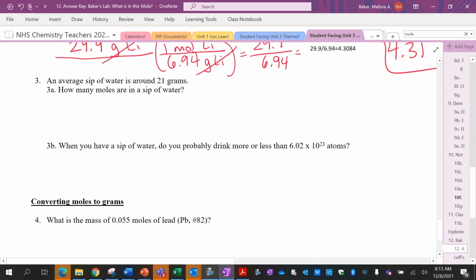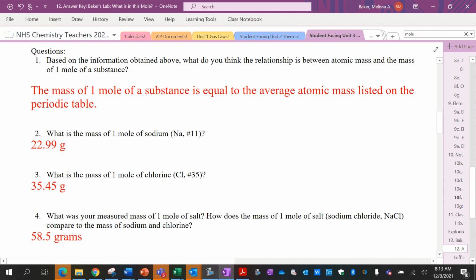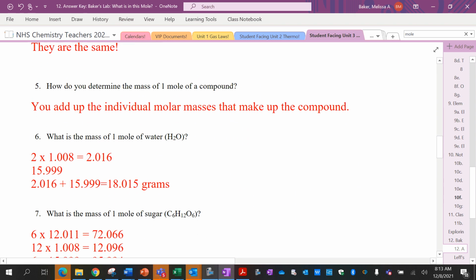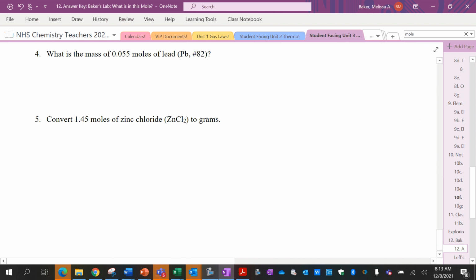An average sip of water is around 21 grams. How many moles are in that sip? Well, earlier today, we already did how much 1 mole of H2O weighed. It was, we got to go way back here, water. 18.015 grams.